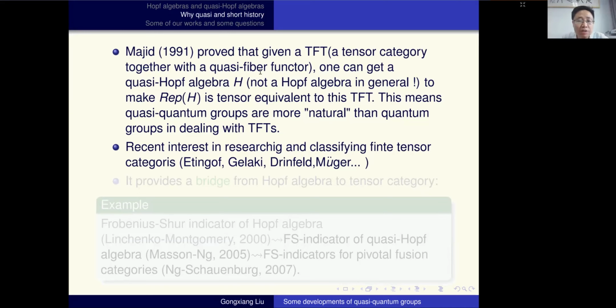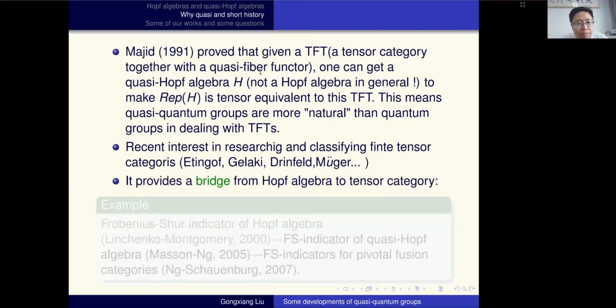So with the recent interest in researching and classifying finite tensor categories, we also need some knowledge about quasi-Hopf algebras. That's very natural, because you can prove quasi-Hopf algebras exactly provide the tensor categories where every object has a Frobenius dimension that is an integer. So quasi-Hopf algebras give us some examples for understanding general tensor categories. So that's the reason.